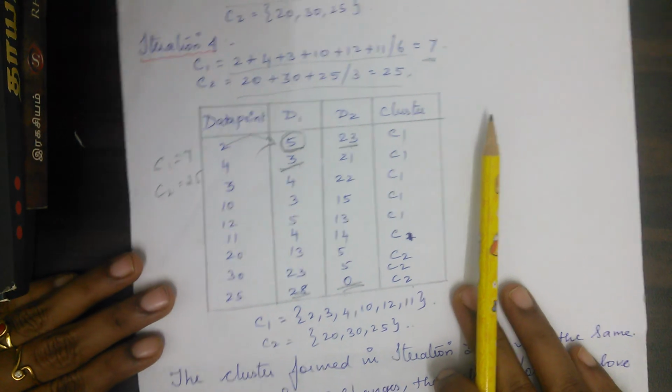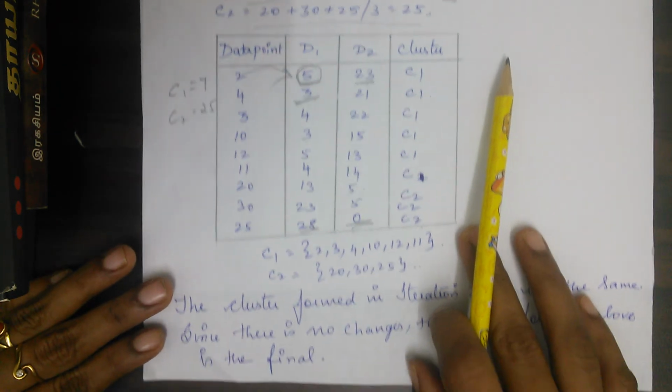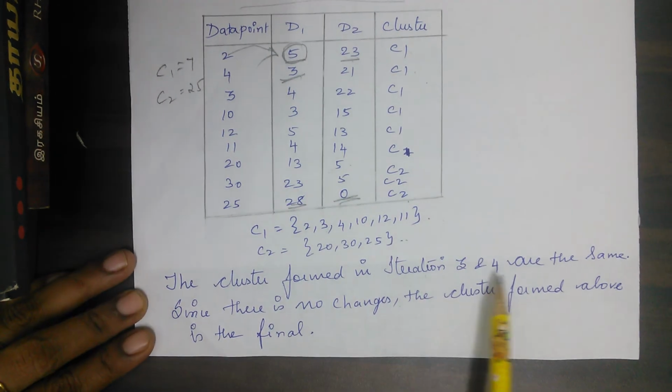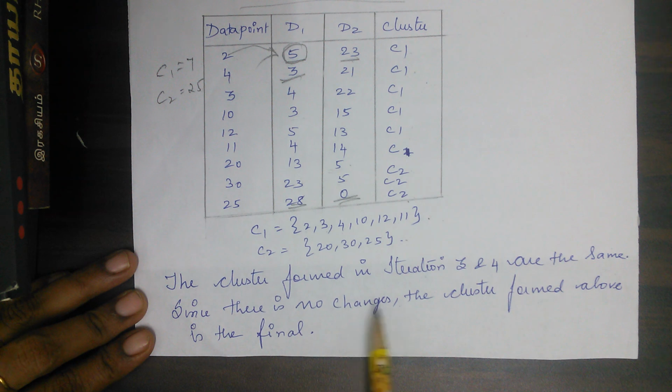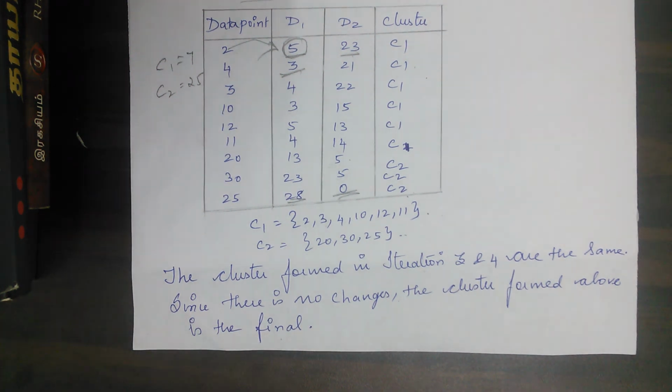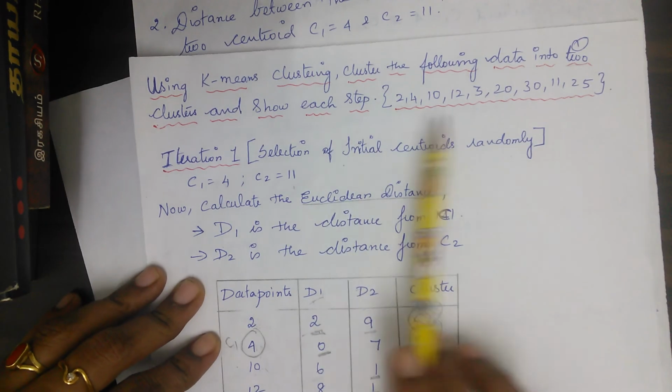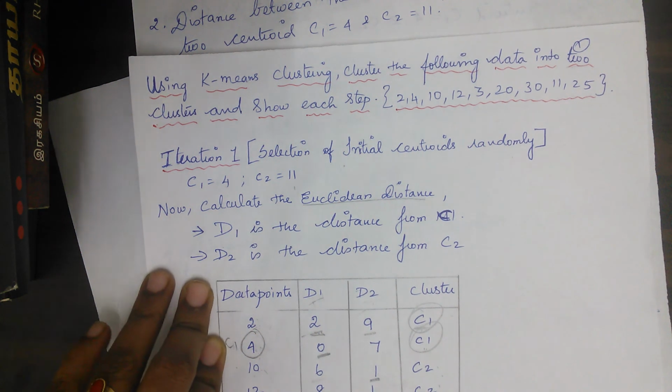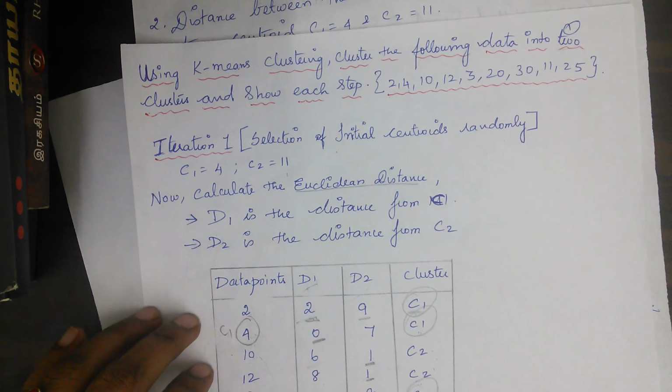So the clusters formed in iterations 3 and 4 are the same. Since there are no changes, the cluster formed above is the final, and I conclude that these are good quality clusters for the given problem. These are the two good quality clusters I have formed using k-means clustering.